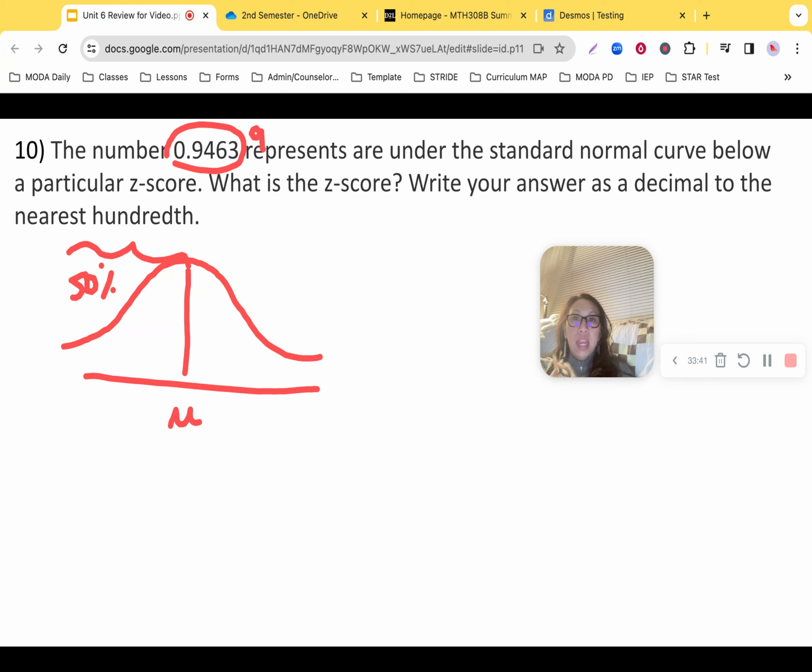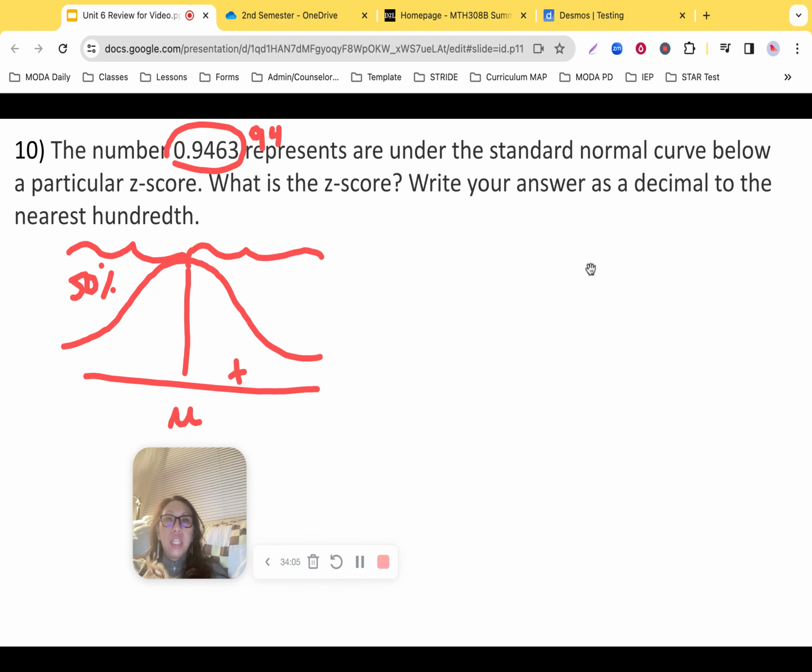If you're looking at 94%, that would be above the 50%. So it should be around here, which is above your 50%, so above your mean. That means your z-score here is positive.